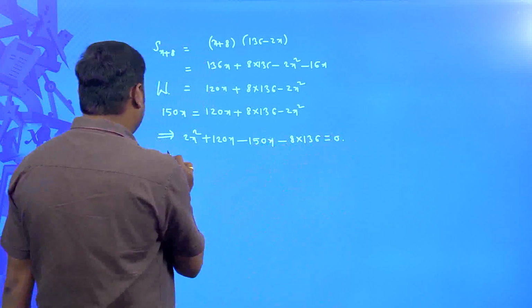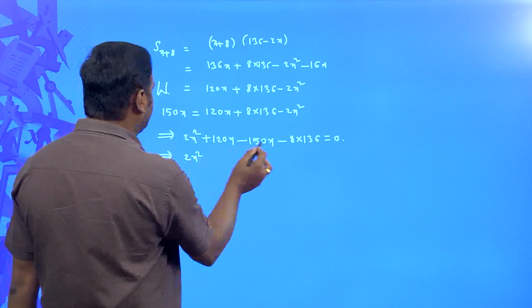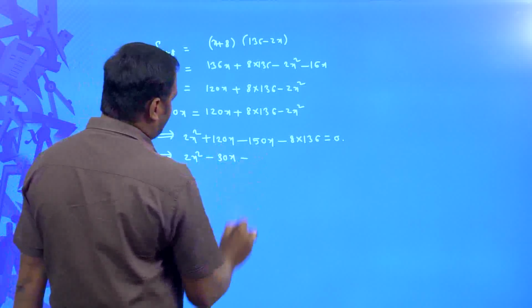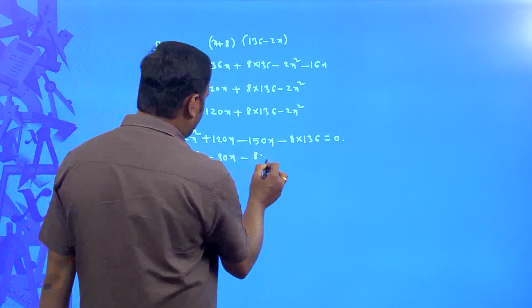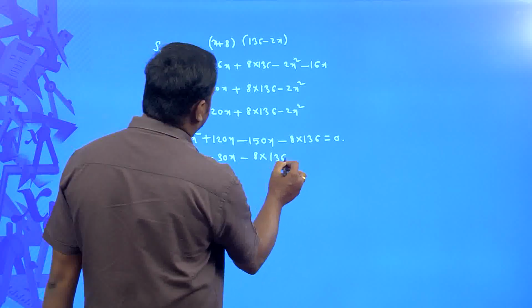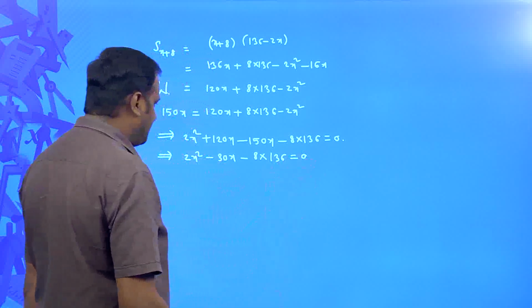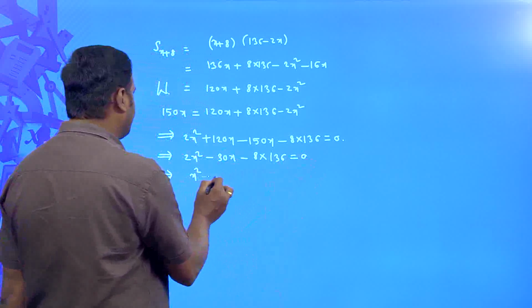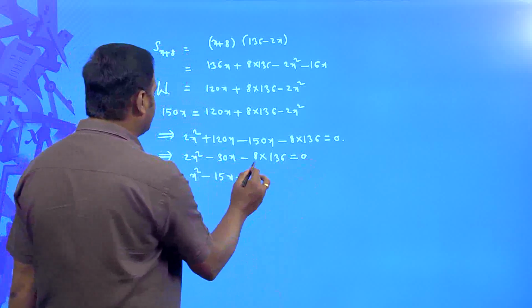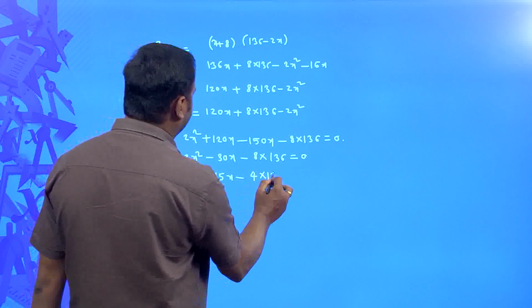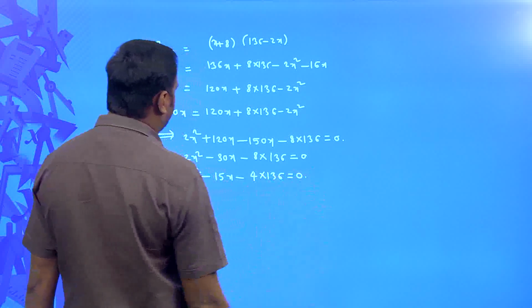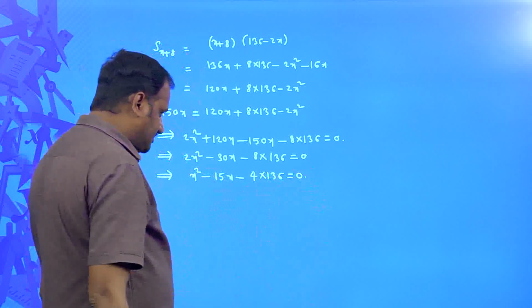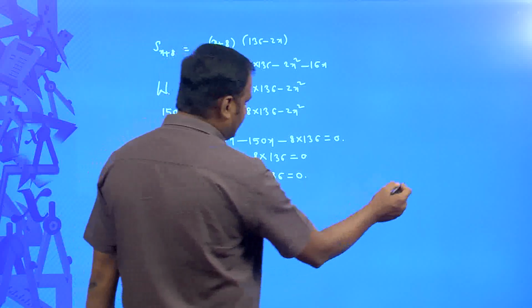That implies 2x square plus 120 minus 150 is minus 30x, minus 8 into 136, equal to 0. Can I take 2 common from every single term? 2 into x square minus 15x minus 4 into 136 is equal to 0. Now, our ultimate aim is to find out the value of x. For that, you can go by the splitting middle term method, with 4 into 136.